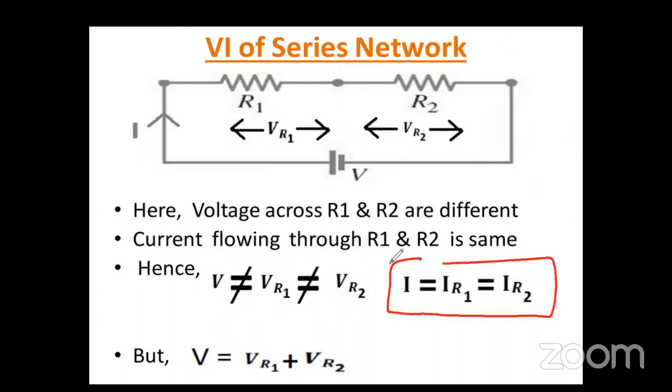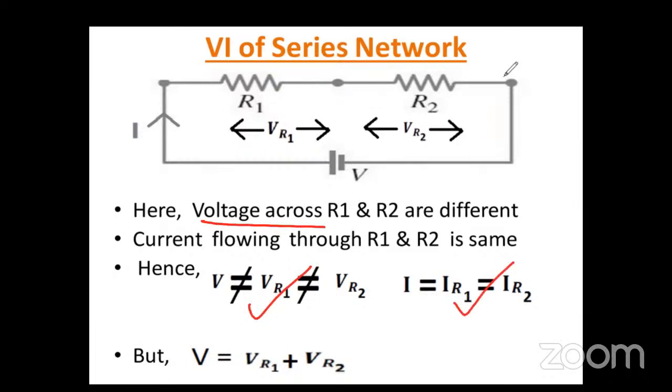IR1, IR2, they are same. मतलब जो current total circuit से pass होने वाला है, same current resistor 1 resistor 2 से pass होगा, ठीक है? So what is the basic concept? The voltages are different in the series network and the current are same.